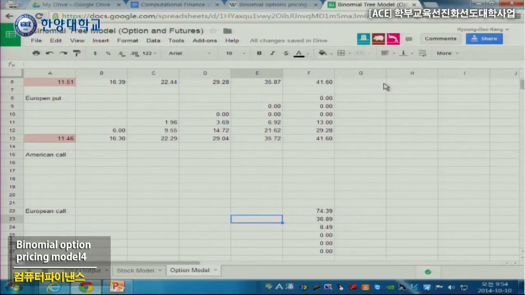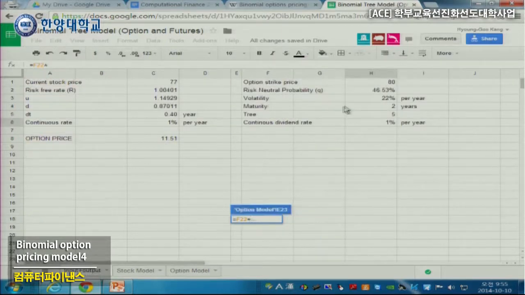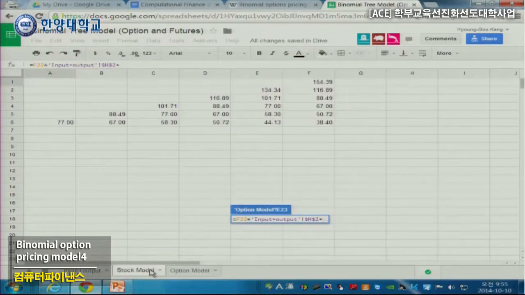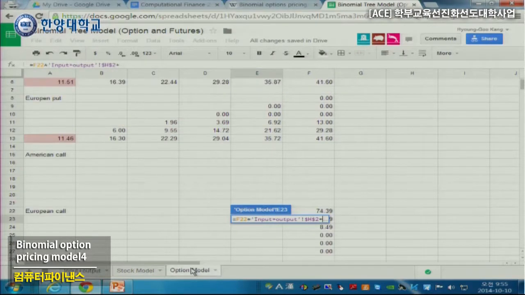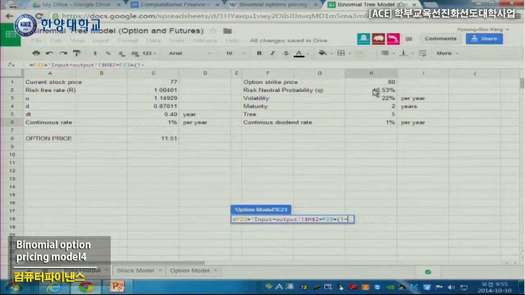So for the call option price, we can get an expected price: this one multiplied by the risk-neutral probability, plus this one multiplied by 1 minus the risk-neutral probability.